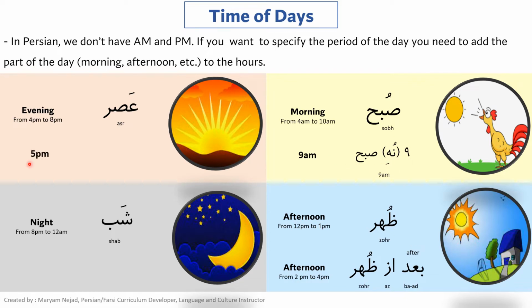If you want to say, for example, 5 PM, then we say panj, the number 5, then ezafe, and then asr. So panj-e asr. When you say panj-e asr, I know that you're referring to PM, not morning. Or if you want to say 10 PM, then dah shab, dah shab.